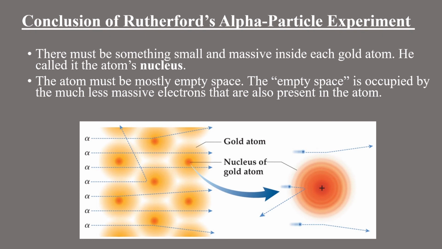Let's look at the background of why these alpha particles deflected and bounced back towards the source. Alpha particles are positively charged small particles, and if we have something inside the atom that is positive, then like charges, the positively charged alpha particle and the positively charged nucleus, will repel each other. Due to that repulsion, the alpha particle will bounce back or deflect at a wide angle depending on how close it is to the nucleus.